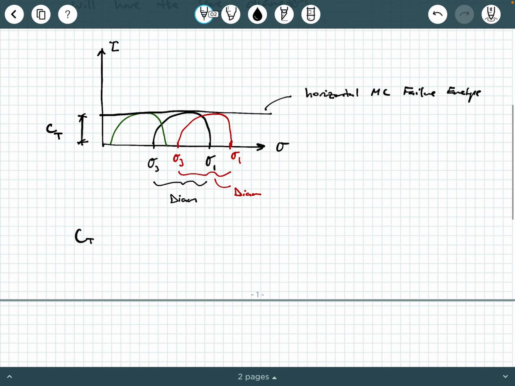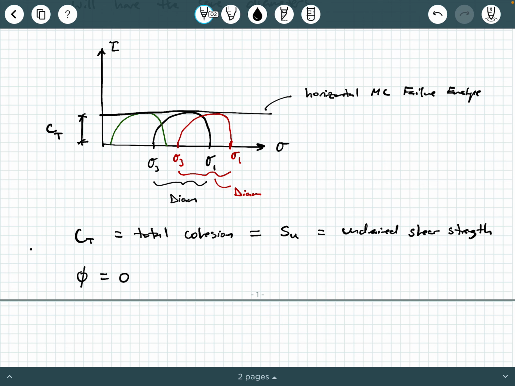So C sub T is the total cohesion, and it's sometimes called S sub U, which is known as the undrained shear strength of the soil. Okay, and then phi is going to be 0 because you have a horizontal line here.